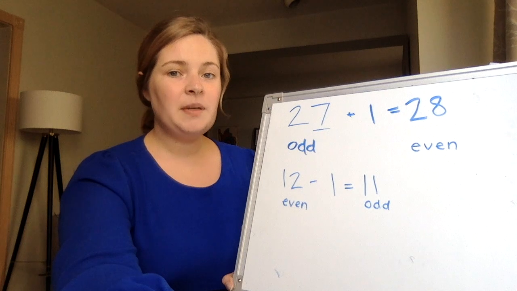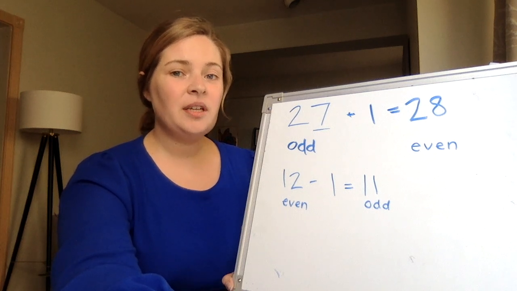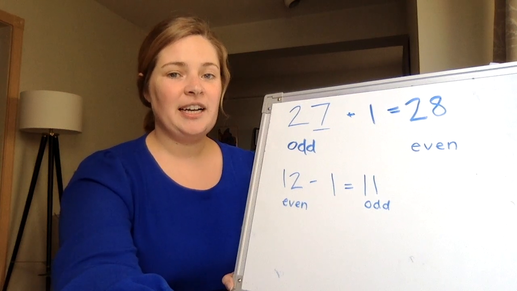If you take 1 away from an even number, you will get an odd number. If you add 1 to an even number, you will get an odd number. That's because every other number is even. This is a pattern that you can use to help determine if a number is even or odd.